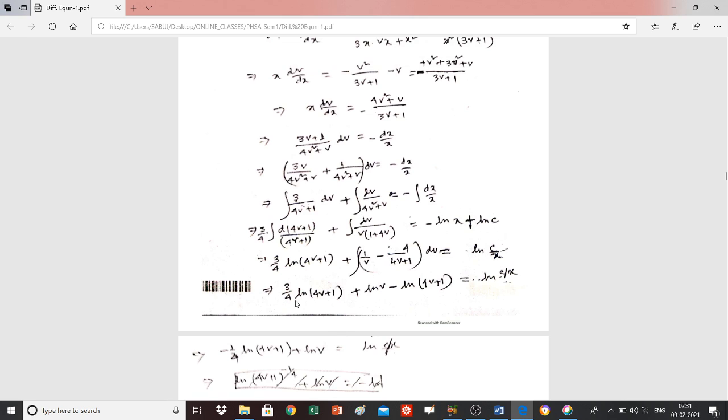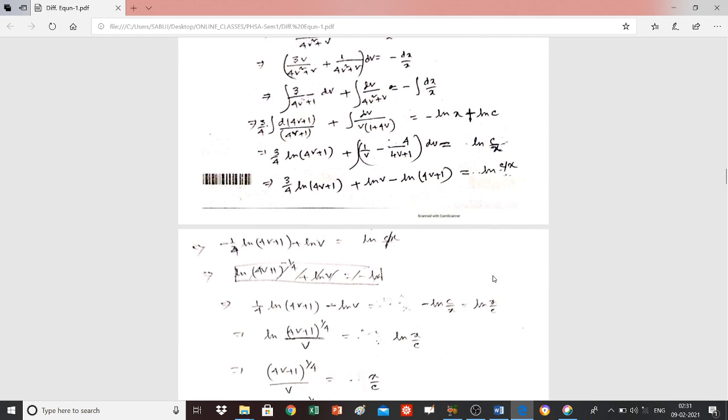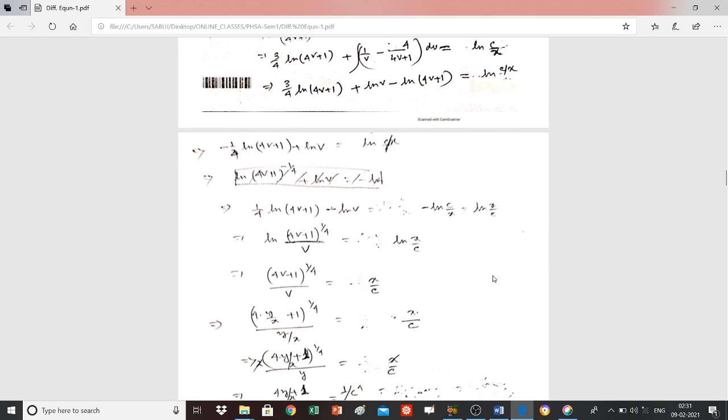So that is 3 by 4 log 4v plus 1 plus log v minus log 4v plus 1, because you know that the differentiation of this will give you 4 dv. So this is log c by x. Just go through this, and finally you will obtain log of 4v plus 1 by v to the power 1/4 is equal to log x by c, or log of 4v plus 1 to the power 4 by v is equal to x by c.